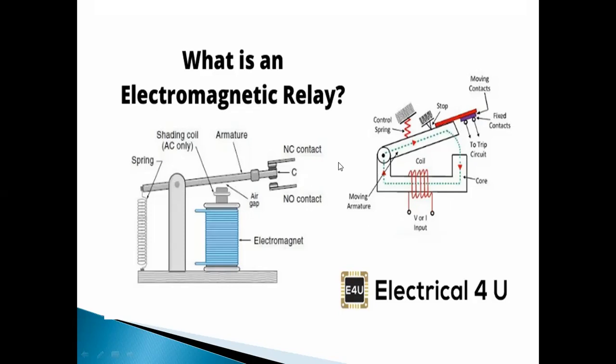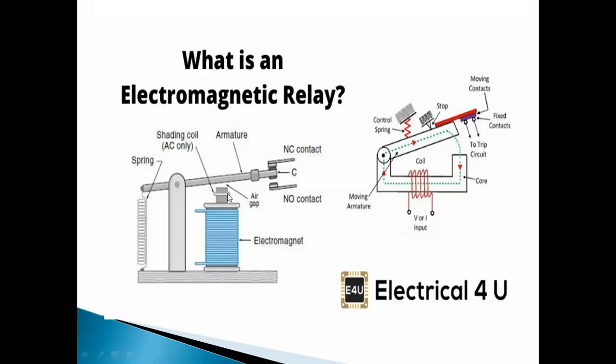So what actually happens is, under normal working conditions these contacts are open, but when a fault happens, the current flowing through this coil increases. Actually the coil is wound on this electromagnet. This is the core and this is the coil which is wound on this electromagnet. When the current flowing through it increases, its magnetic field also increases and it will attract this arm towards its contact.